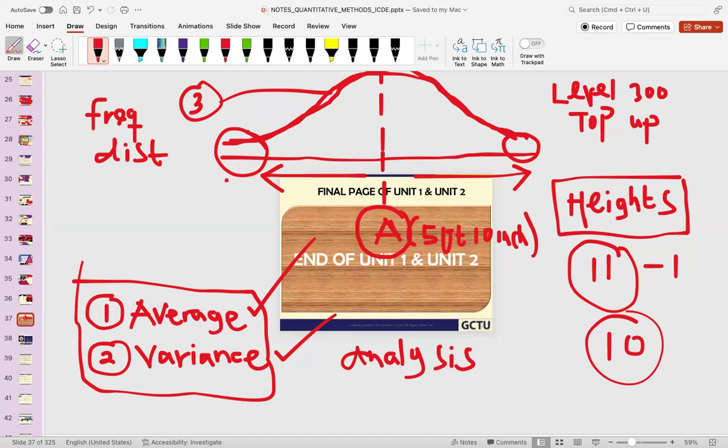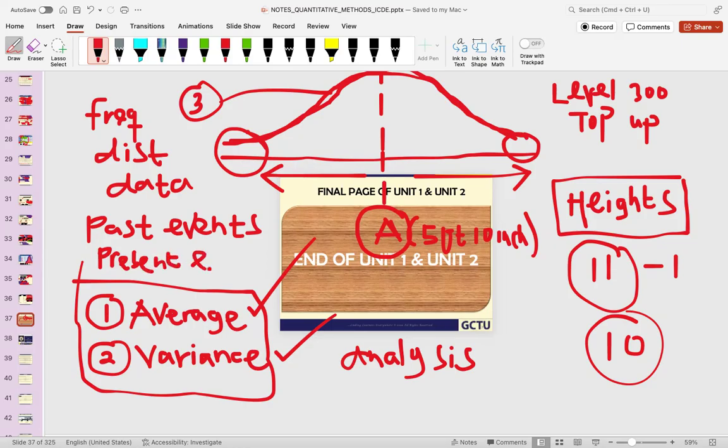And I said, and I repeat again, that you can only get frequency distribution data from two sources: past events, and then the second is the present or current events will give you the frequency data. Why?